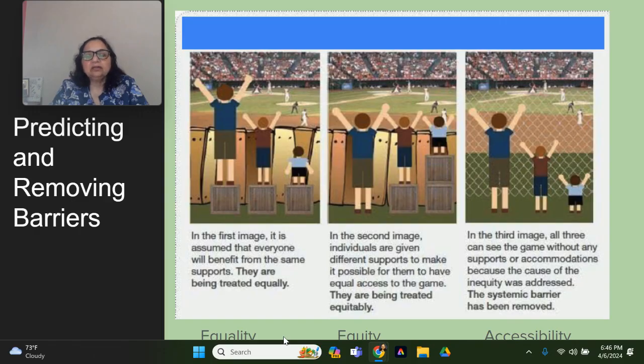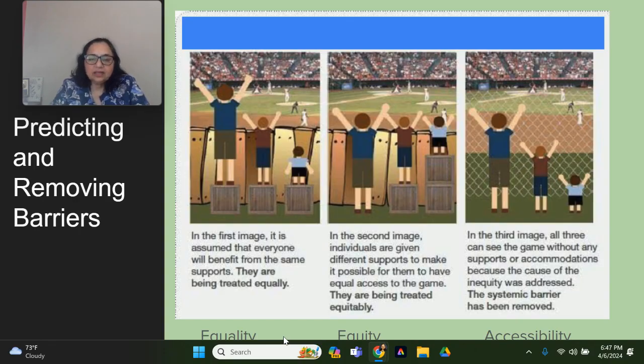We see three students, who are diverse learners, trying to watch a game. In the first image, everybody got the same support. So they have been treated equally, whereas one student could not watch the game.